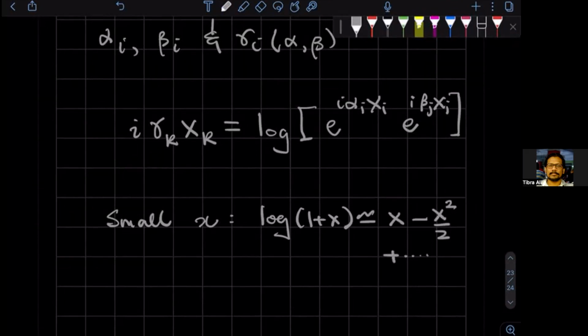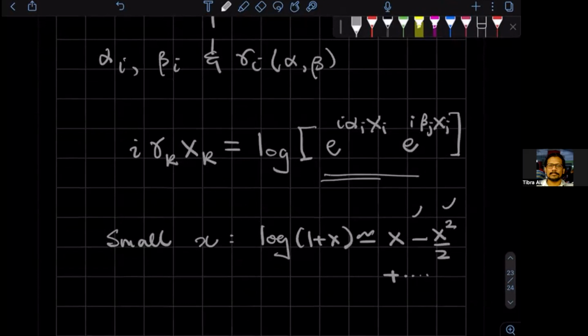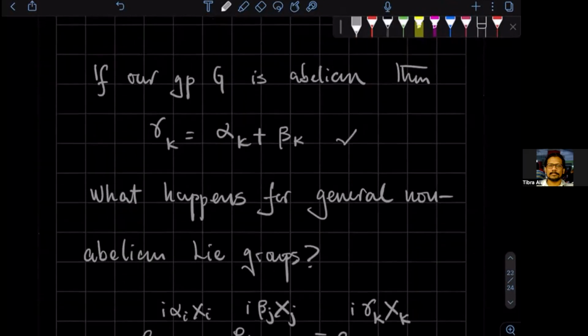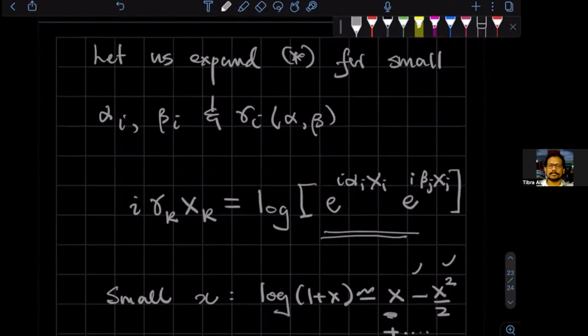So this is the linear order, and this is the quadratic order. We are going to expand to the quadratic order because up to linear order, we only get this term, and it is not going to capture the non-abelian nature of our group. So we have to at least expand to quadratic order.